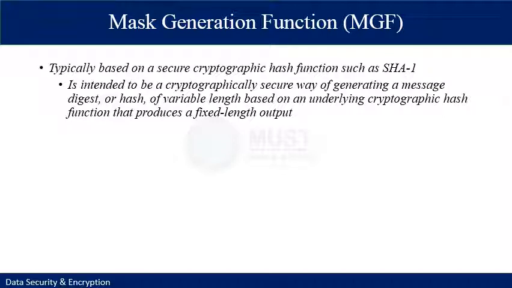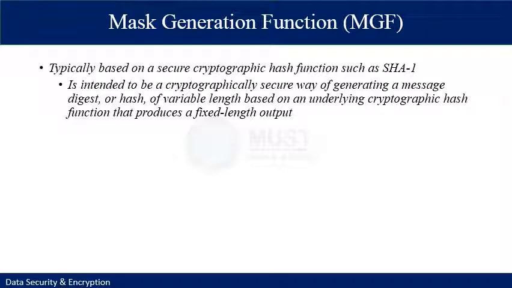Before examining the algorithm, we need to describe the mask generation function, known as MGF, used as a building block of that algorithm. MGF is a pseudo-random function that has an input parameter of a bit string x and the desired length L in octets of the output.